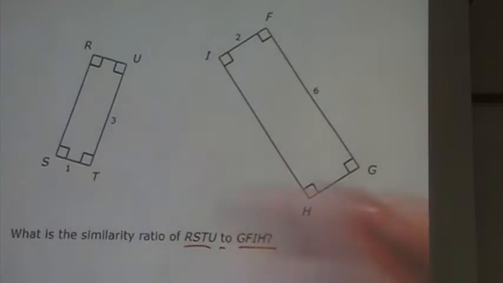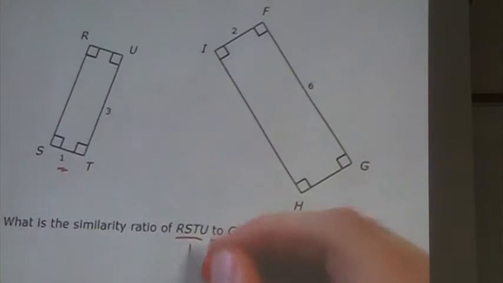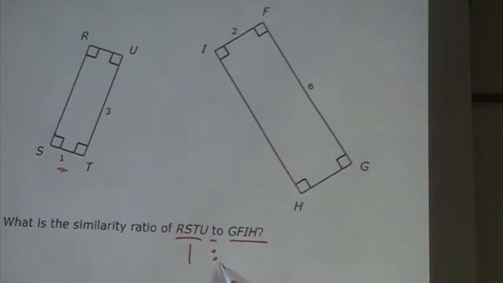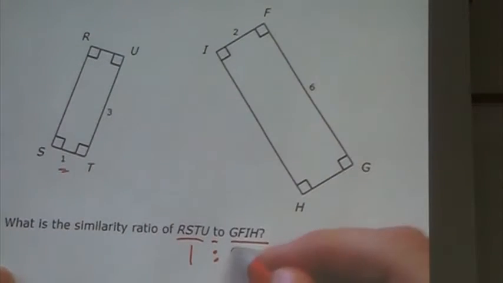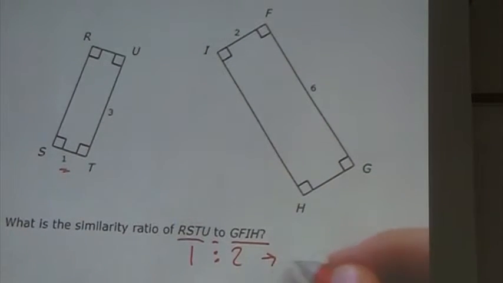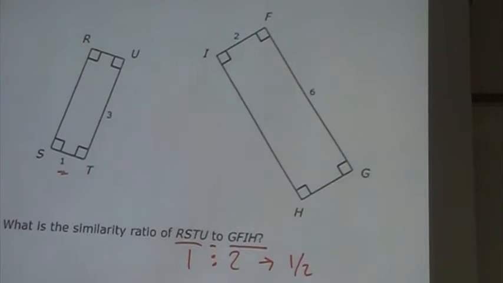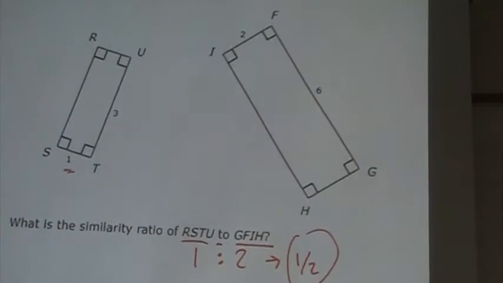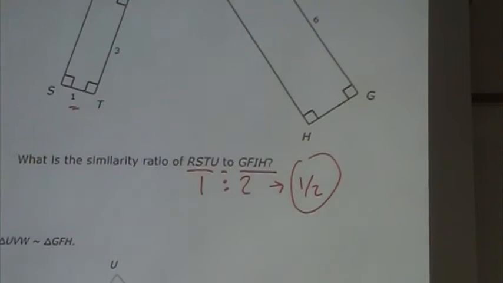So I'll say 1, 2, that's my dots, 1, 2, 2. If I wanted to write it as a fraction, I could go 1 over 2. Boom. That is my similarity ratio, also known as the scale factor.